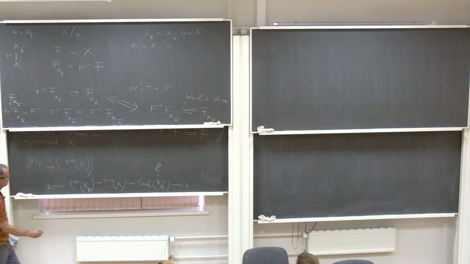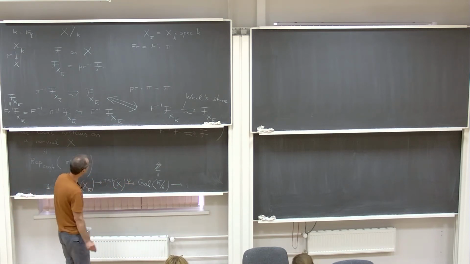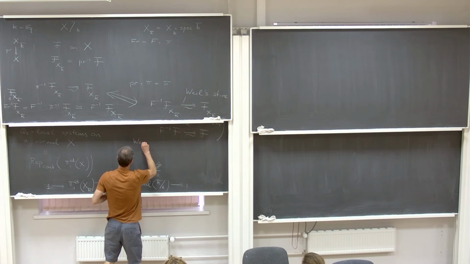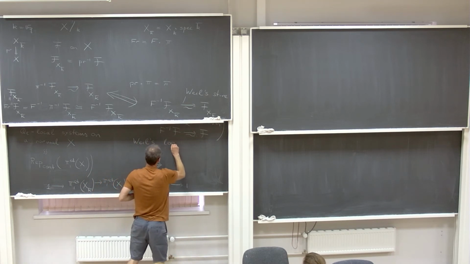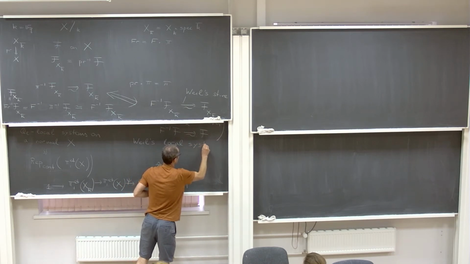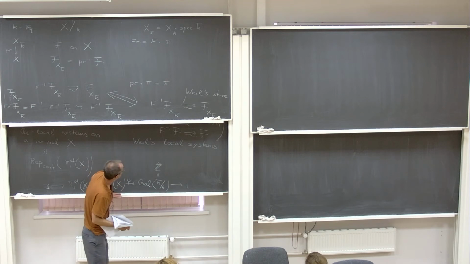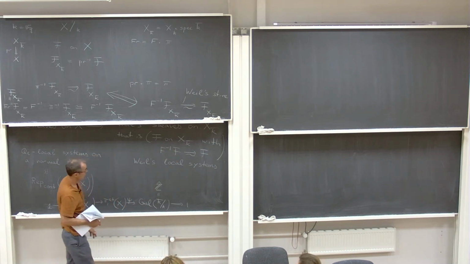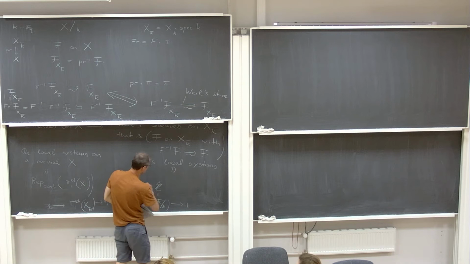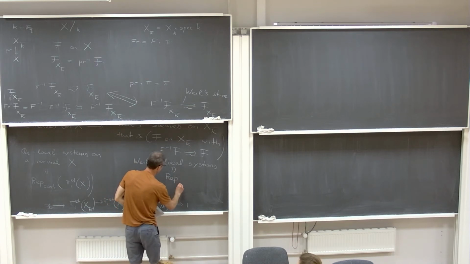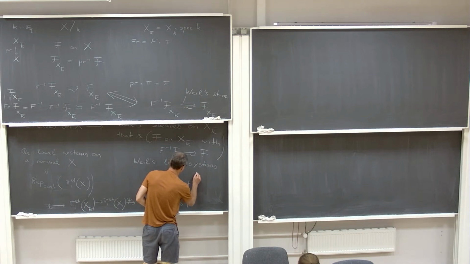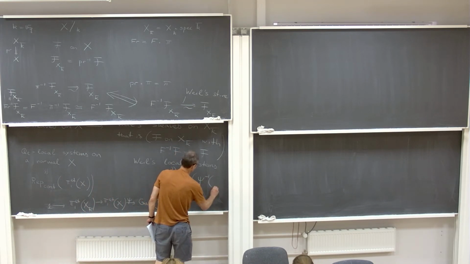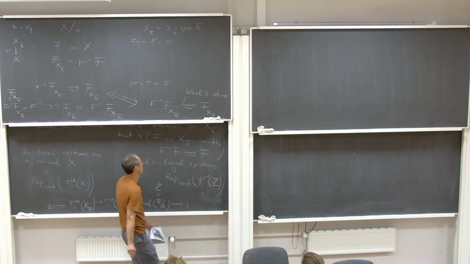Now, if I call this projection psi, then Weil local systems, a Weil local system being by definition a local system together with this equivariant structure, this category is equivalent to the category of continuous representations of psi inverse of Z, right?